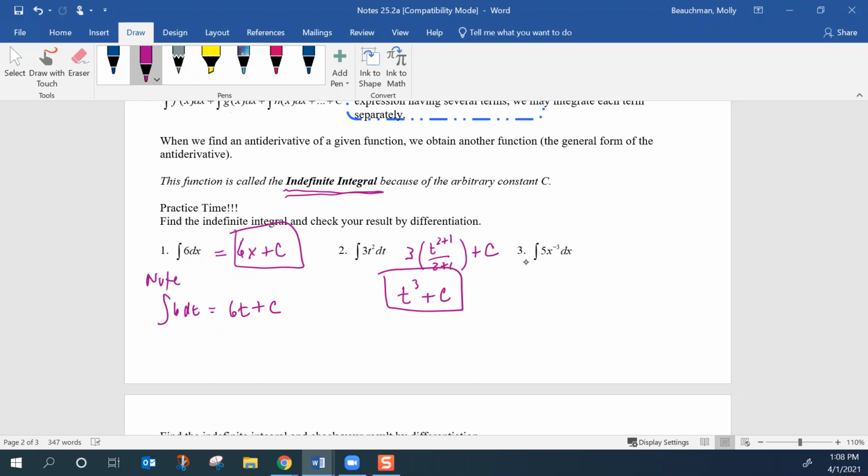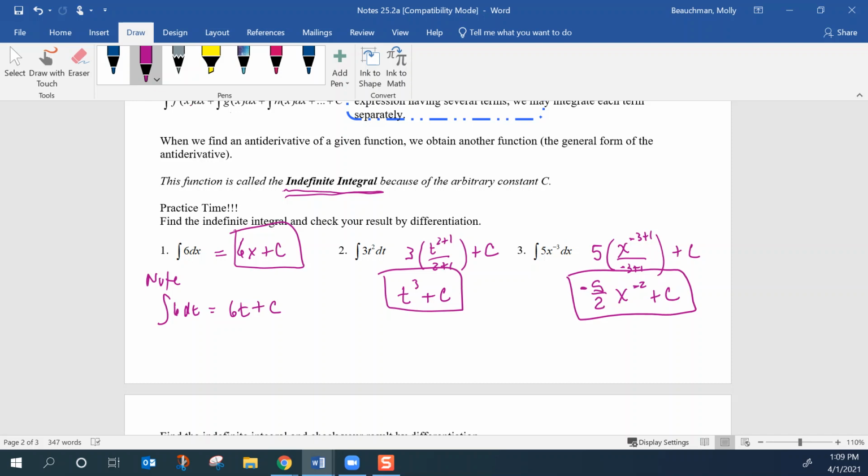Next example, the integral of 5x to the negative 3 dx. That gives us 5 times the integral of x to the negative 3. So that would be x to the negative 3 plus 1 over negative 3 plus 1 plus the arbitrary constant. Negative 3 plus 1 is negative 2, so that would give us negative 5 halves x to the negative 2 plus the constant.